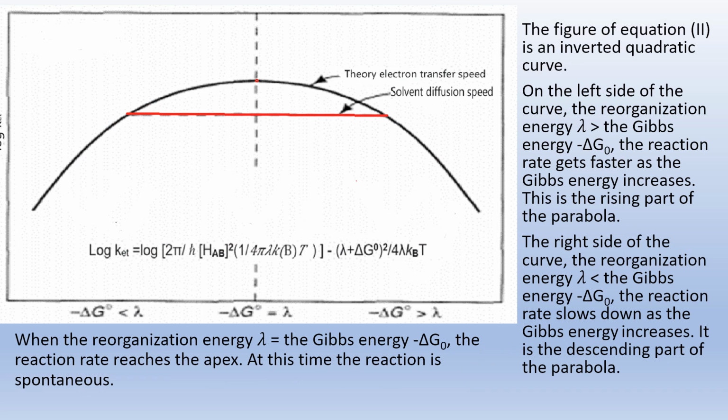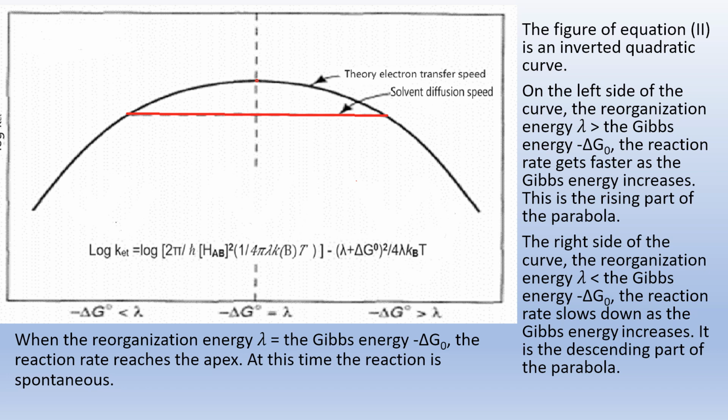The figure of formula 2 is an inverted quadratic curve. On the left side of the curve, the reorganization energy lambda is larger than the Gibbs energy, minus ΔG0, and the reaction rate gets faster as the Gibbs energy increases. This is the rising part of the parabola.